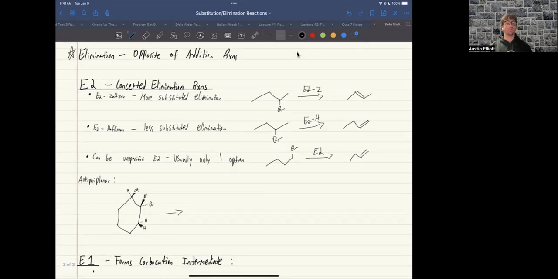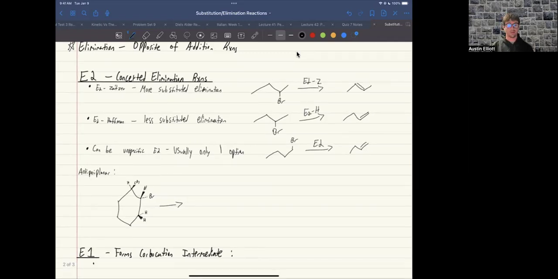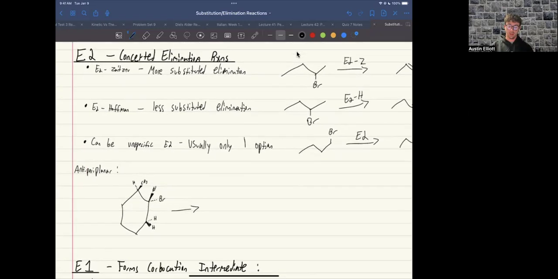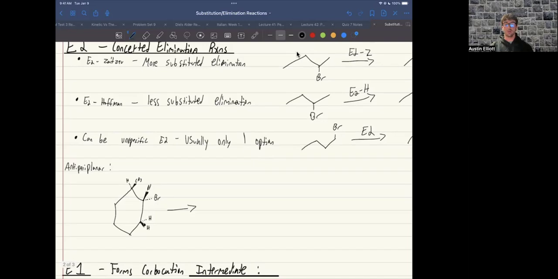Then moving on to the anti-periplanar aspect of elimination, especially with E2 elimination. When you have stereochem, especially on a ring, it's very easy to see like this. So our bromine right there, we're looking at those dotted dash lines. When you have it like that, you have to have a hydrogen on one of your beta carbons.